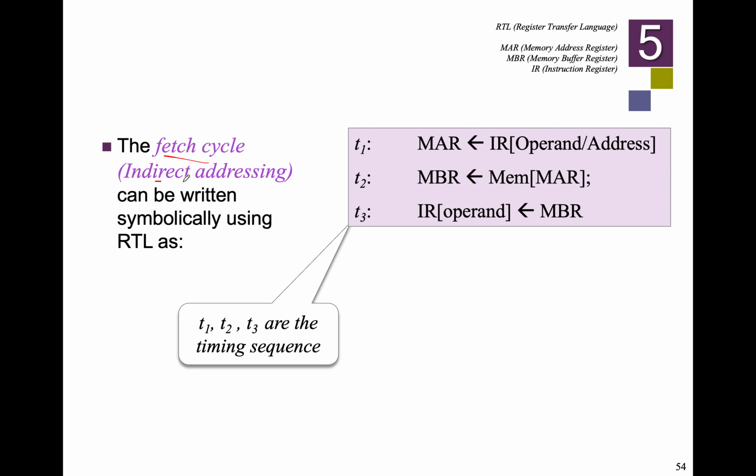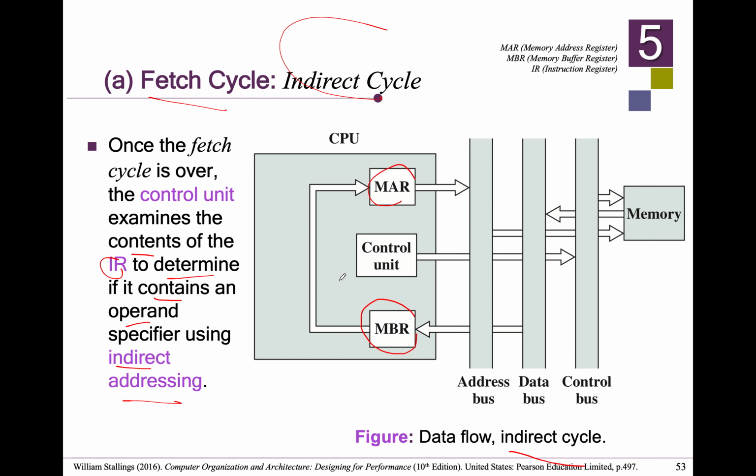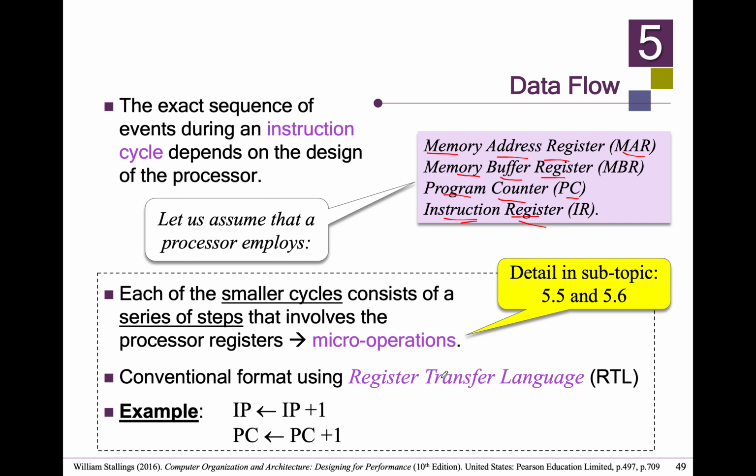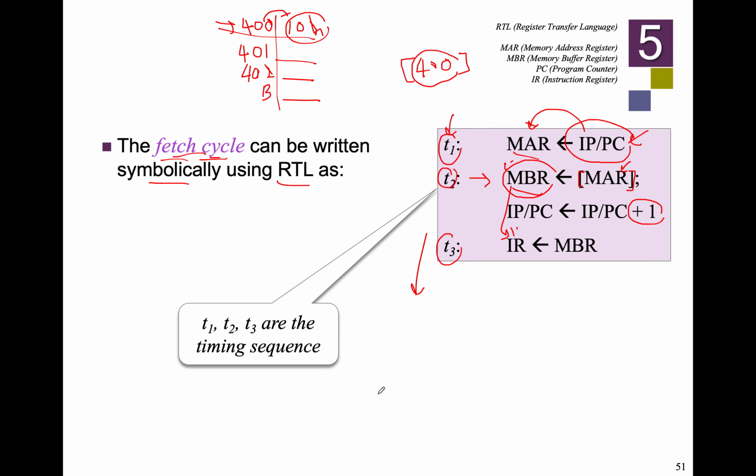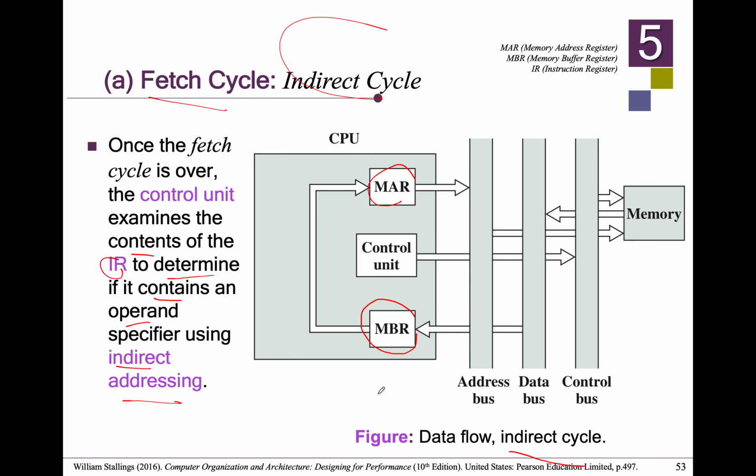Fetch cycle with indirect addressing can be written symbolically using RTL. So you can see over here, at the beginning, this one, RTL. Now you find where you need to apply it.